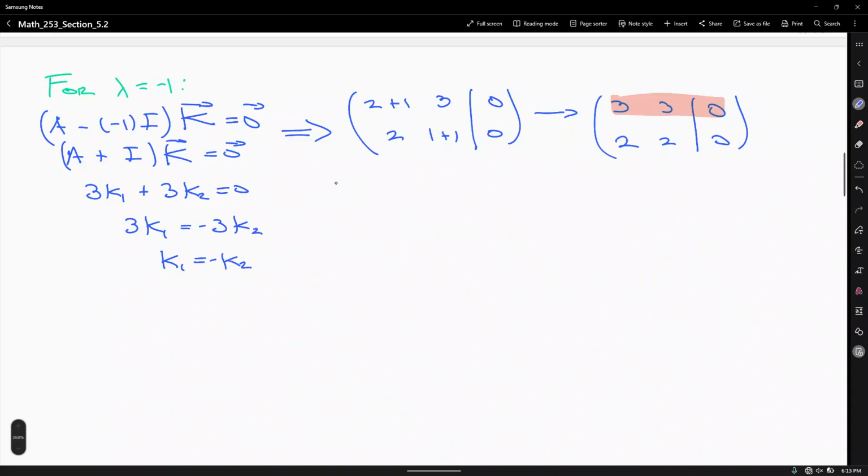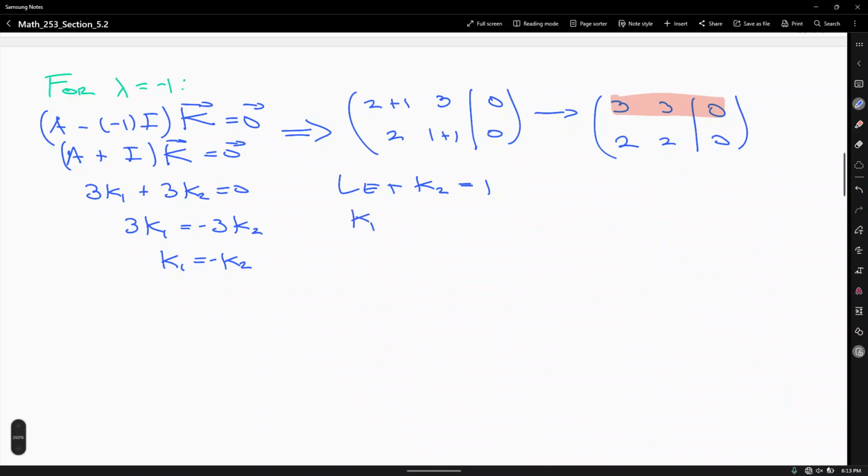negative K2. So let's let K2, what number would you like for K2 this time? 1? 1 is going to work. This time 1 works. In the other case, 1 would work too, provided you keep in mind that you're going to get fractions, but it doesn't matter.